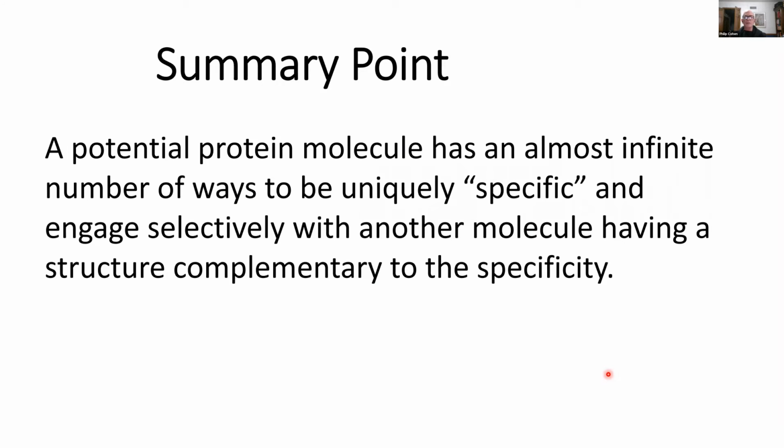So the summary point is a potential protein molecule has an almost infinite number of ways it can be uniquely specific. So that's going to be important for the vaccine and the immune system.